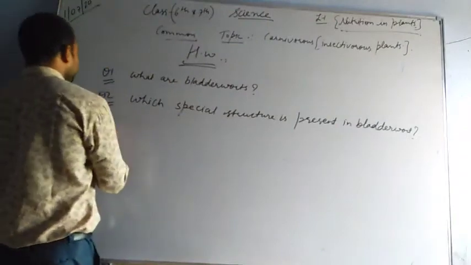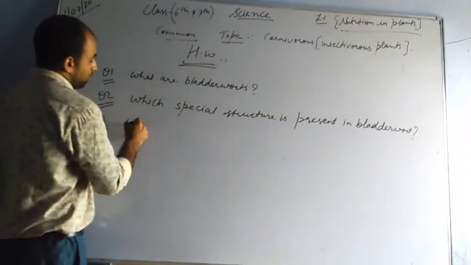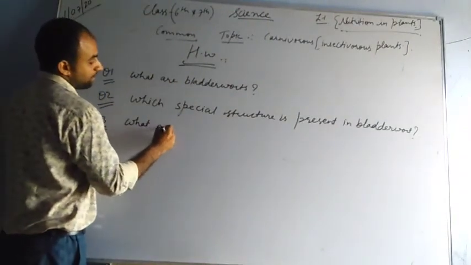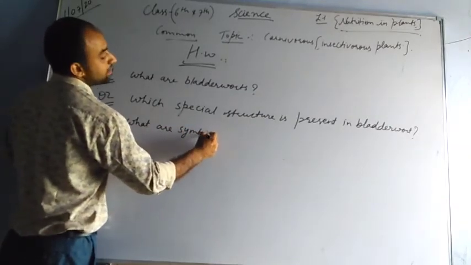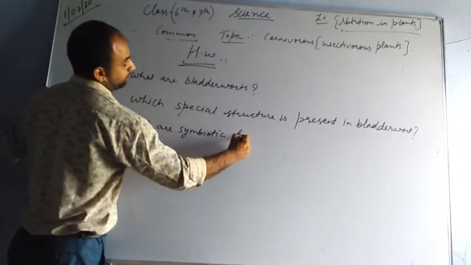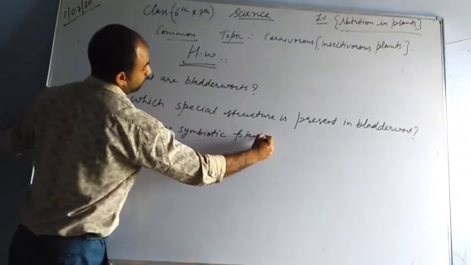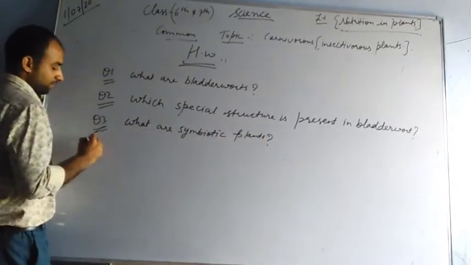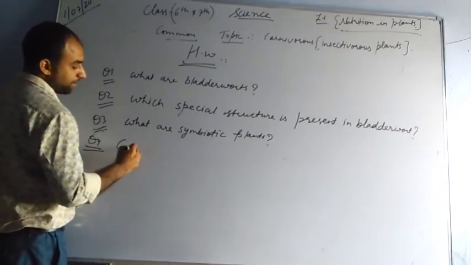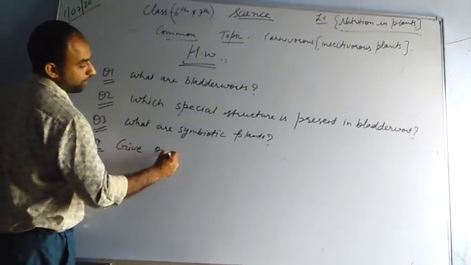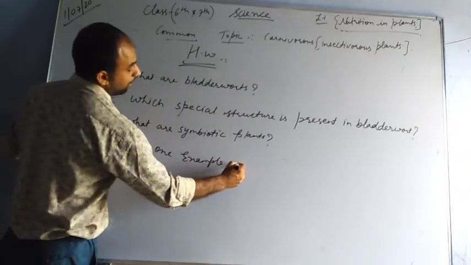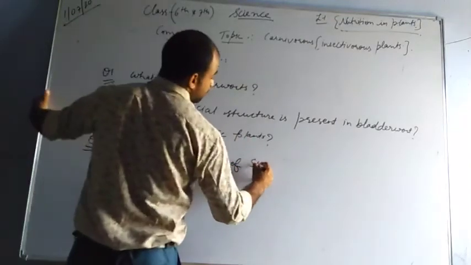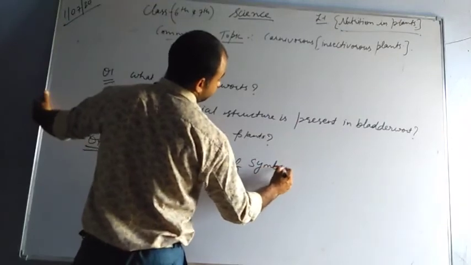Question number 3: What are symbiotic plants? That means you have to write the definition. Give one example of a symbiotic plant.